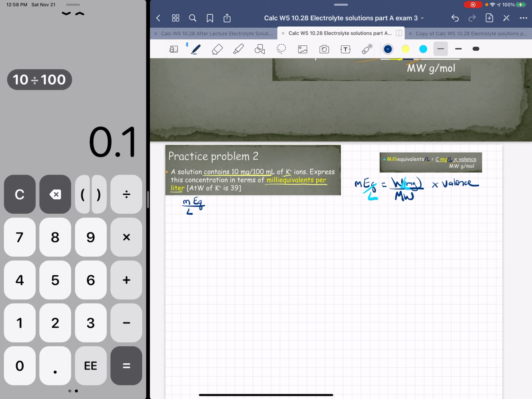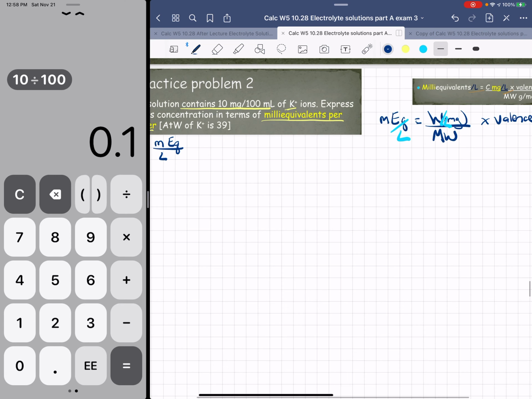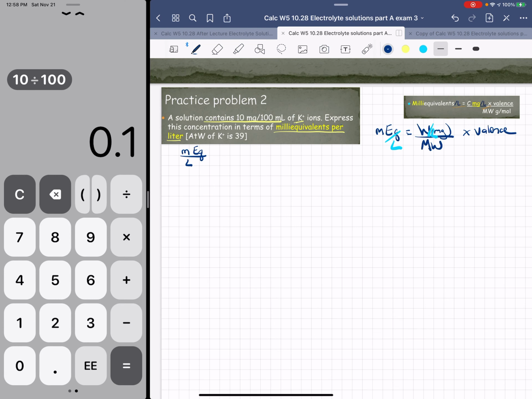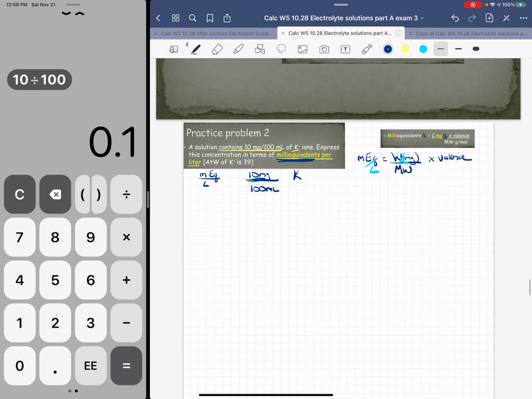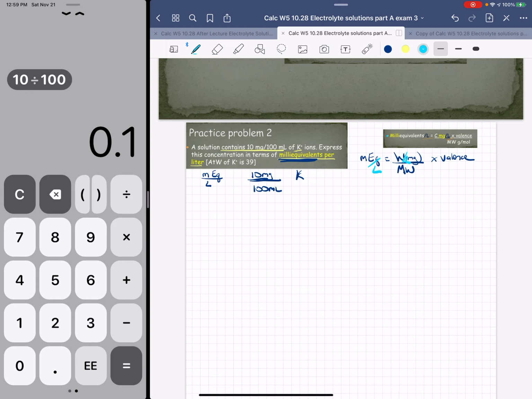Okay, so what else do I know? I know that the solution contains 10 milligrams per 100 milliliters of potassium. We are looking for milliequivalents. Here is where I first made my mistake last time, because I was so excited to see milliequivalents and to write down my valences that I forgot that it was per liter.